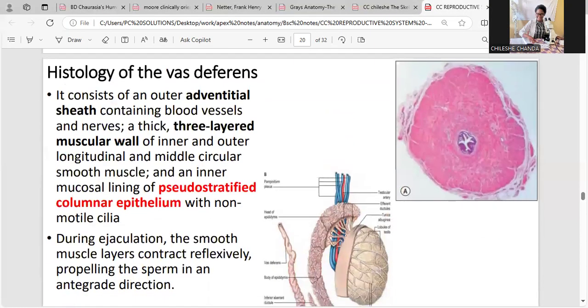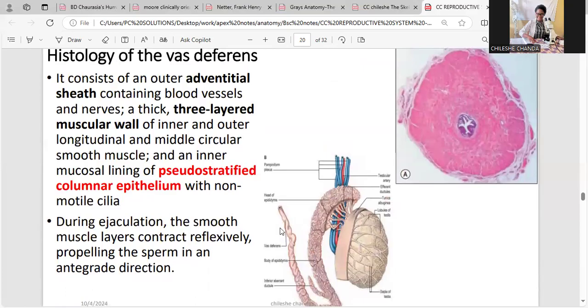When you get the ductus deferens and cut it in transverse section like that, the way it is cut here, and you look at it from the top under a microscope, this is what you're going to notice. You will notice that it has a very thick muscular layer and a very small lumen where sperm is supposed to be passing.